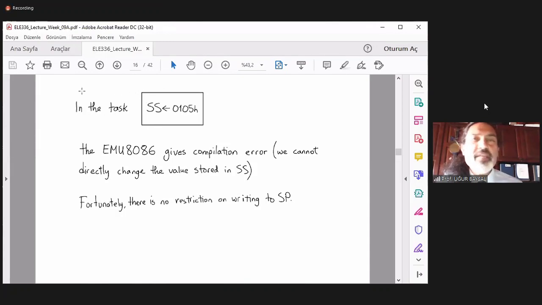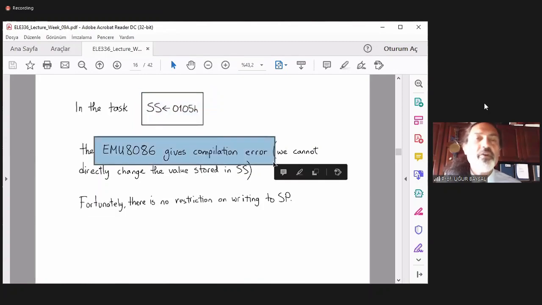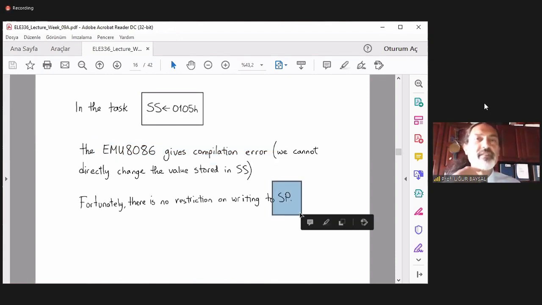So there are some remarks. You cannot copy immediate data directly to stack segments because the emulator gives an error. You have to write the data to some general register first and then copy it to the segment register. So this is like an operational constraint, okay? But not all the segment registers are like that.